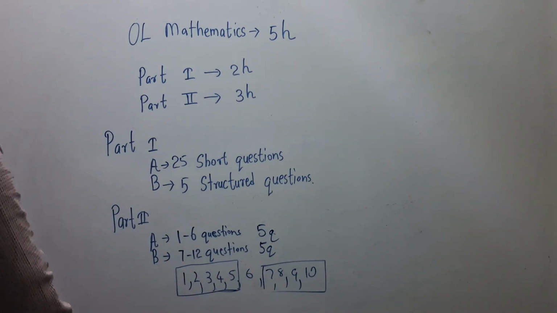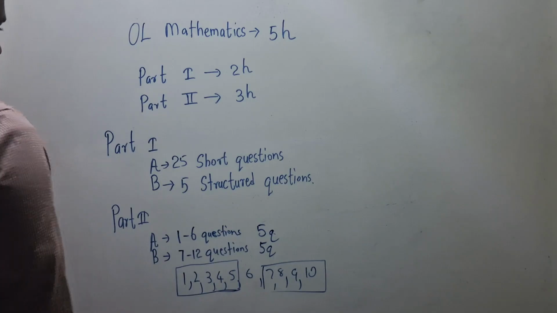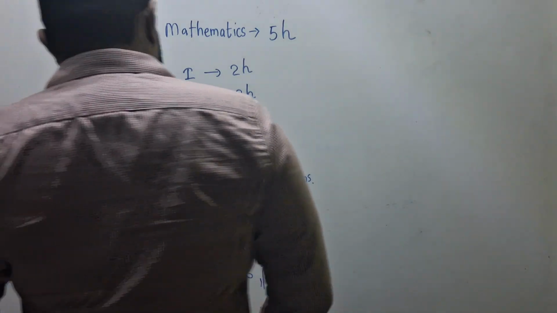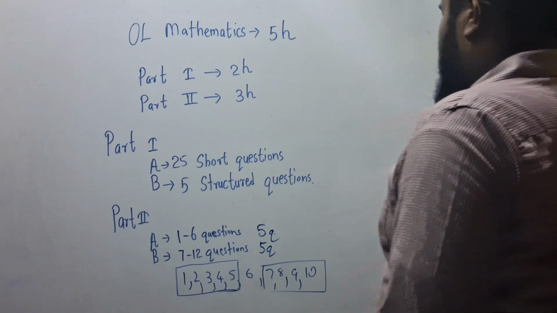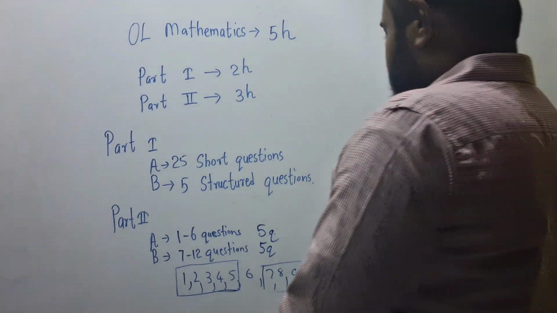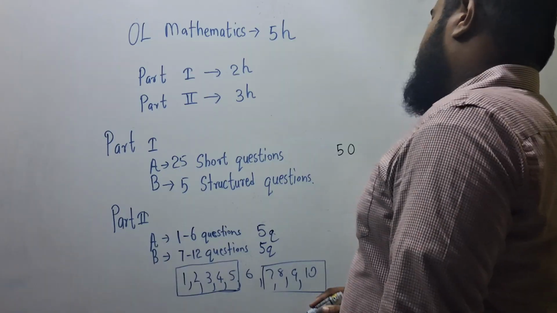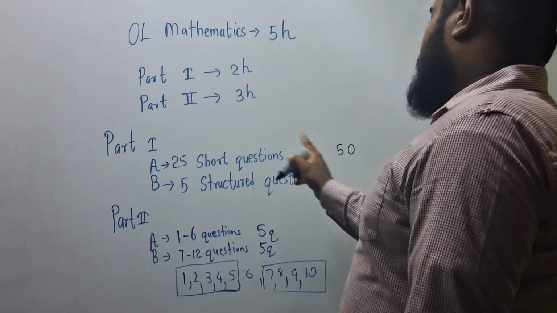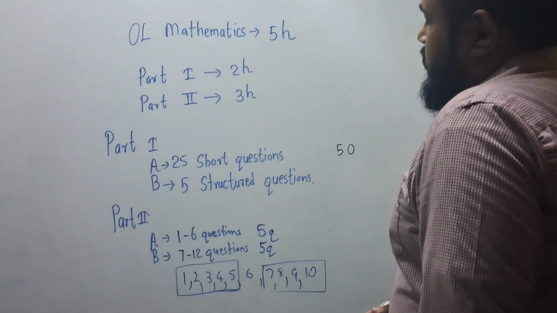Then I will discuss the allocated marks. For these 25 questions, 50 marks are allocated. 50 marks for 25 questions means each question gives you 2 marks.